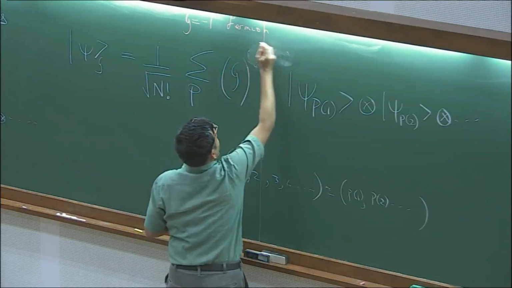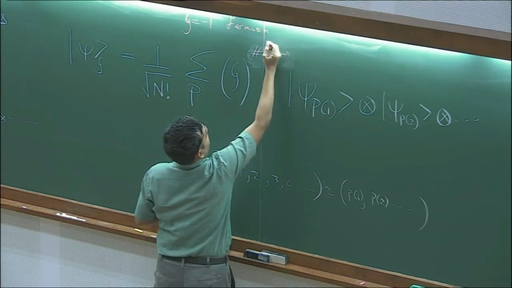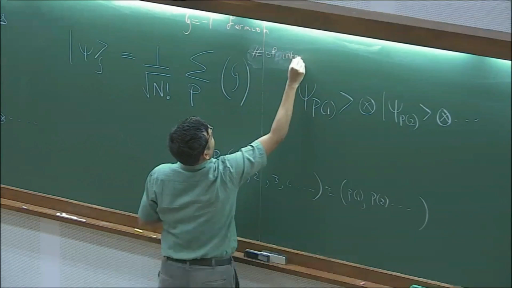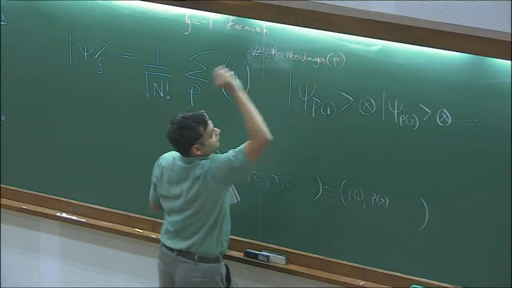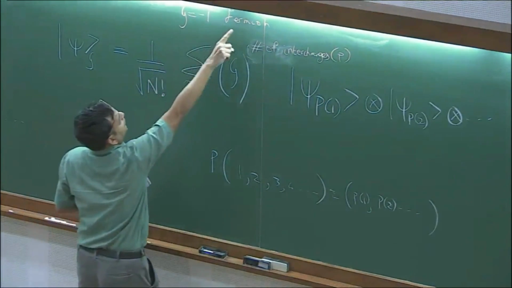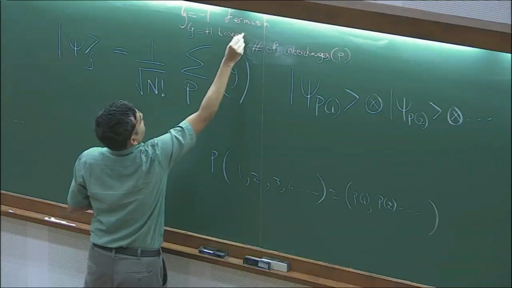Sorry, I shouldn't put sign. I should put number of permutation, number of interchanges. So zeta equal to -1 for fermions, zeta equal to +1 for bosons.